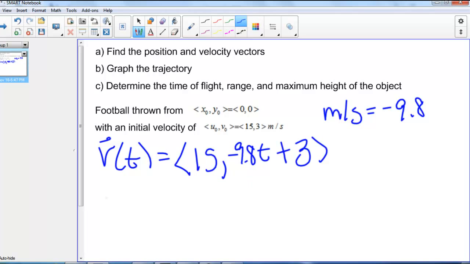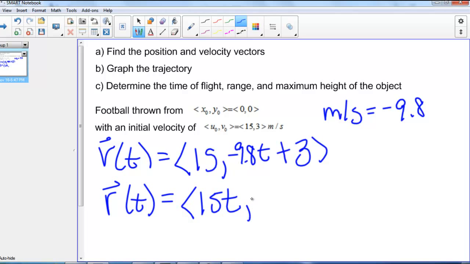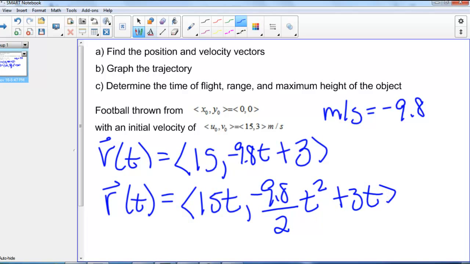And our position, r of t, is u naught t plus x naught, which is 0, negative 9.8 over 2 t squared plus 3t plus 0. 9.8 divided by 2 is 4.9.